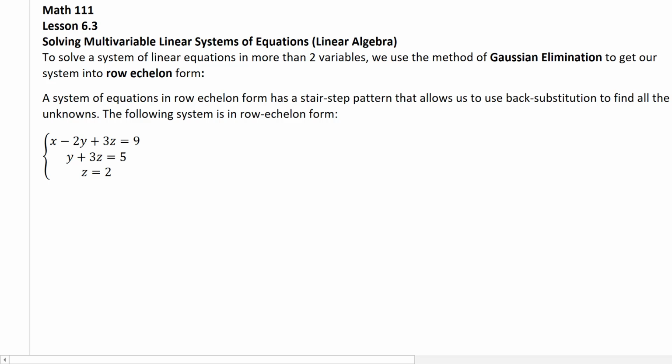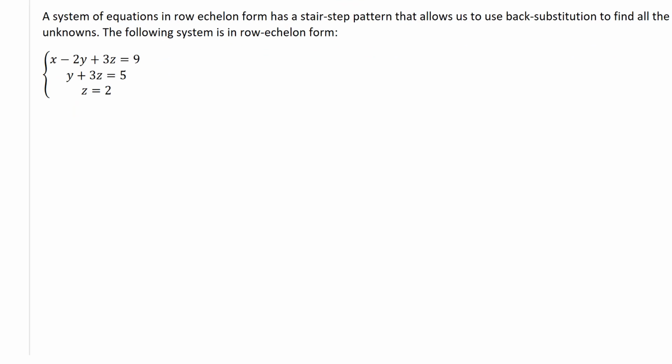Okay, so solving a system of equations using Gaussian elimination is basically just like using regular elimination. It's just a little bit more organized, and your goal is a little bit different.